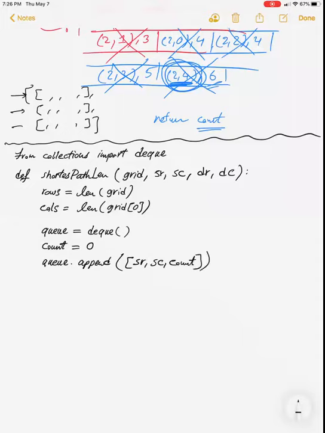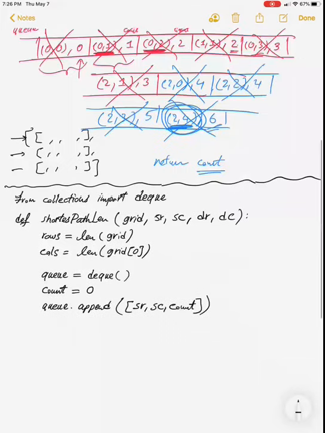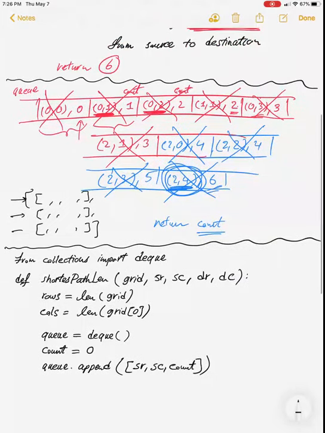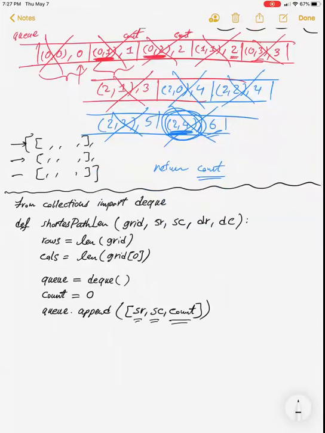Because as you see in the example, we need source row and source column to calculate the neighbors, and count to calculate our metric, the objective of the problem. So that's why I'm adding an array that contains all of this information. And initially count is 0.